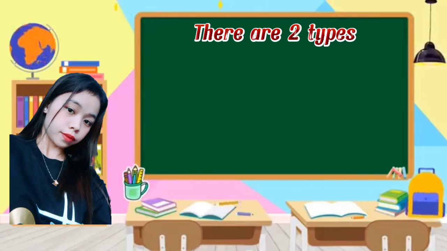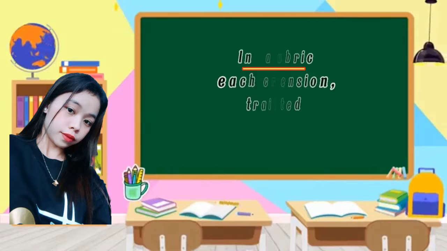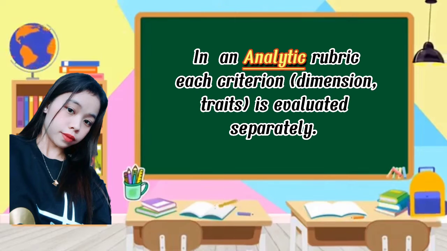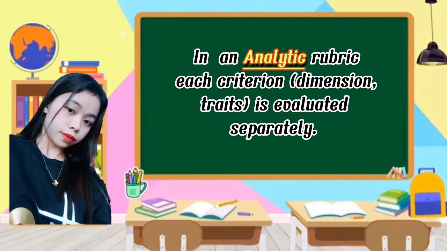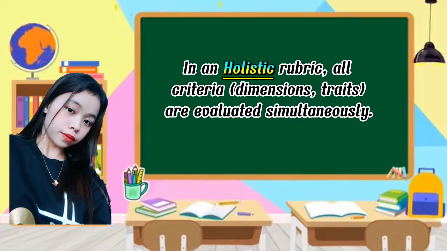How to use and create rubrics. So there are two types, analytic and holistic. In an analytic rubric, each criterion is evaluated separately, while in a holistic rubric, all criteria are evaluated simultaneously.